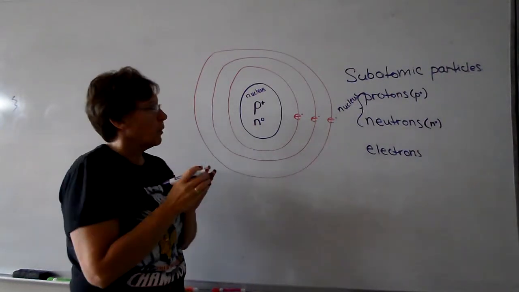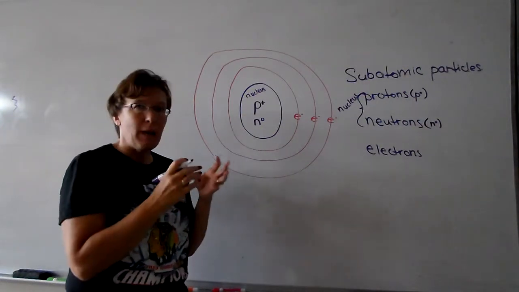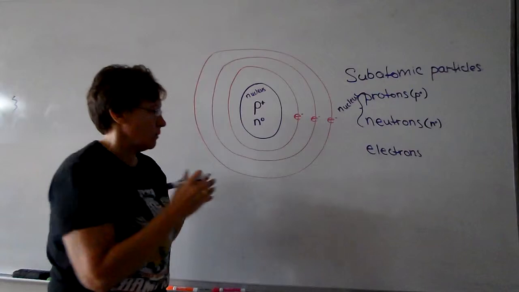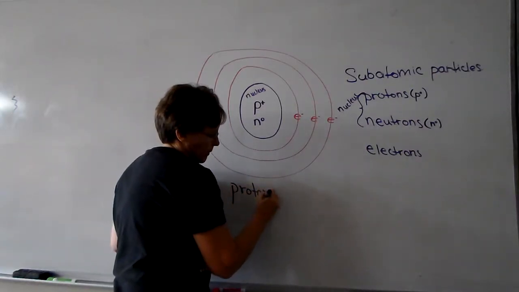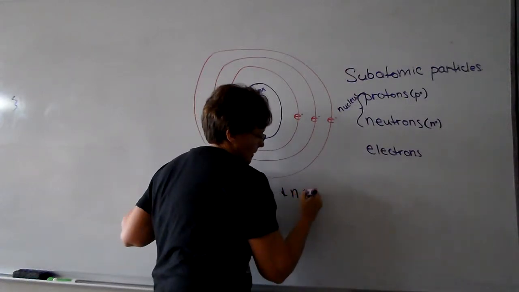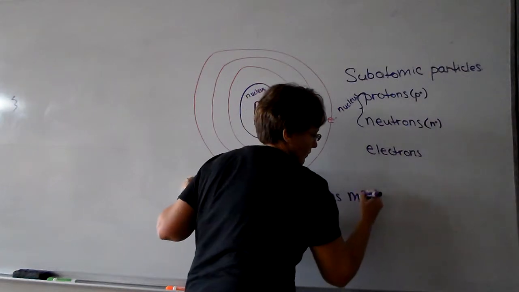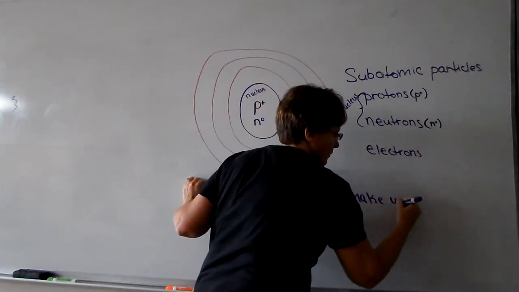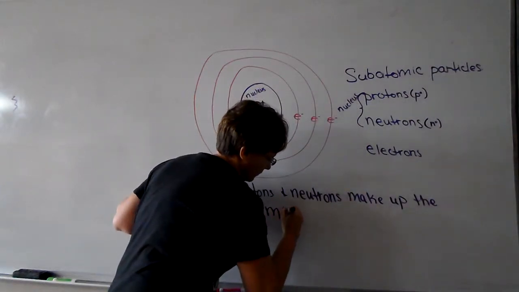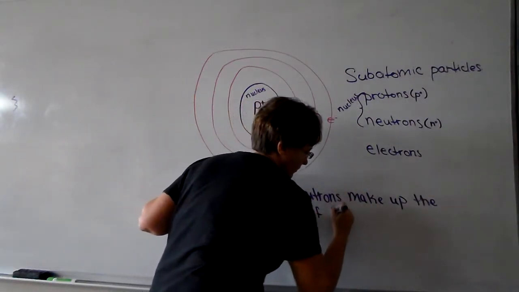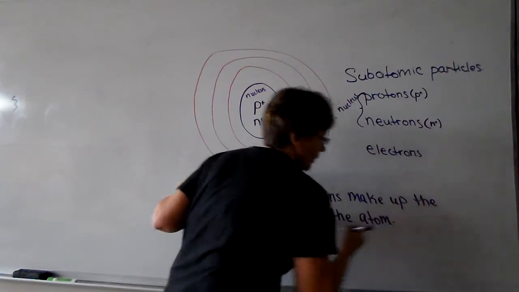The other thing that it's important to know is that the protons and the neutrons make up the mass of the atom. So I'm going to make a note down here. Okay.